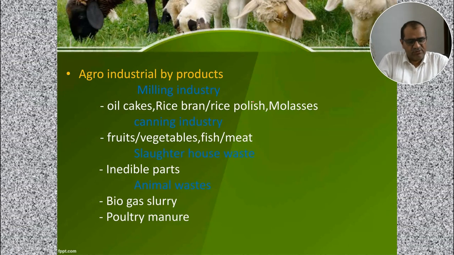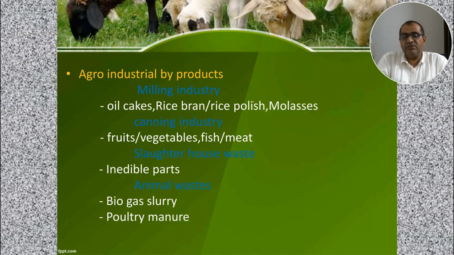Then apart from this, fish is a human food and also sometimes a carnivorous food, and the wastage of the meat industry, maybe sometimes blood meal, and also the bone waste.